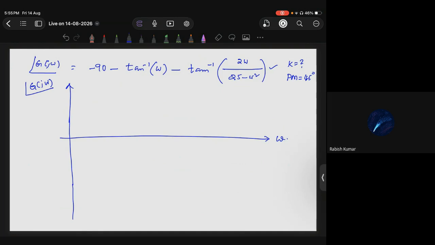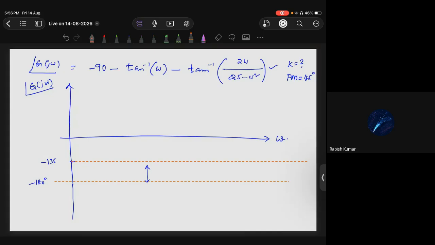So if you take this minus 180 degree line, there is a deviation of 45 degrees. Deviated means that will be minus 135. Correct? That is 45.